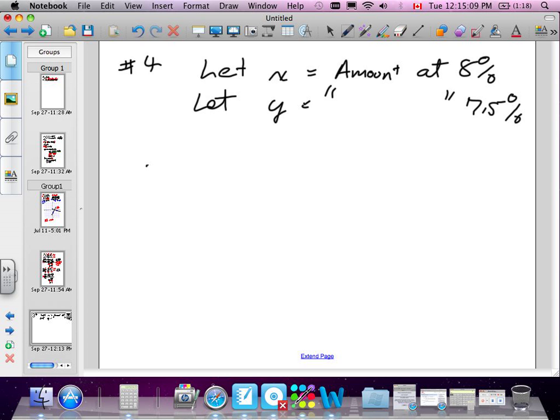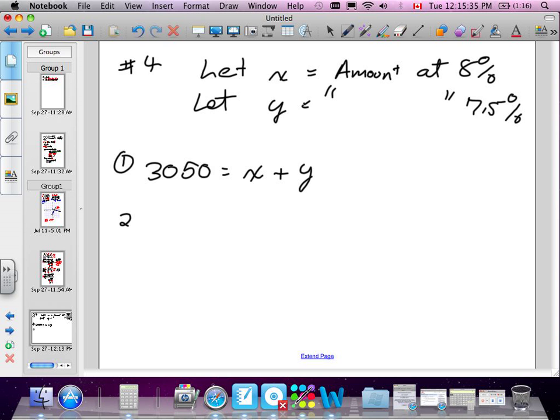Since we have those, we know that the total amount he invested was $3,050. And he invested a certain amount at 8%, which is our x, and another certain amount at 7.5%. So our first equation reads $3,050 is equal to x plus y.